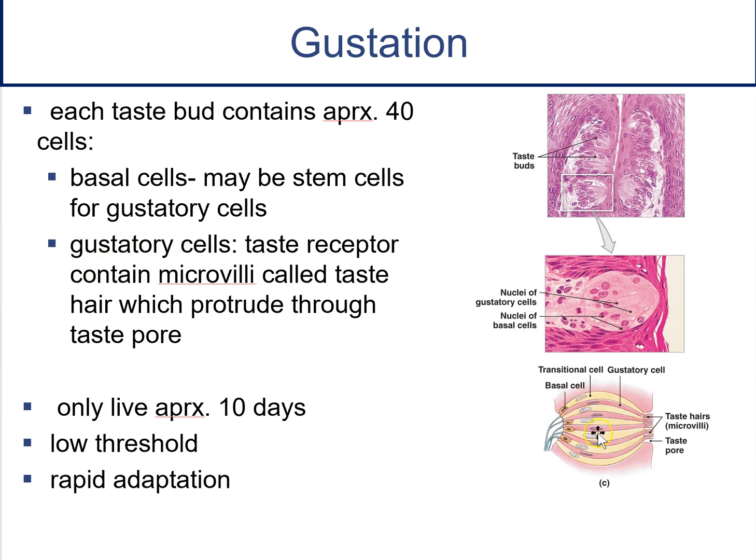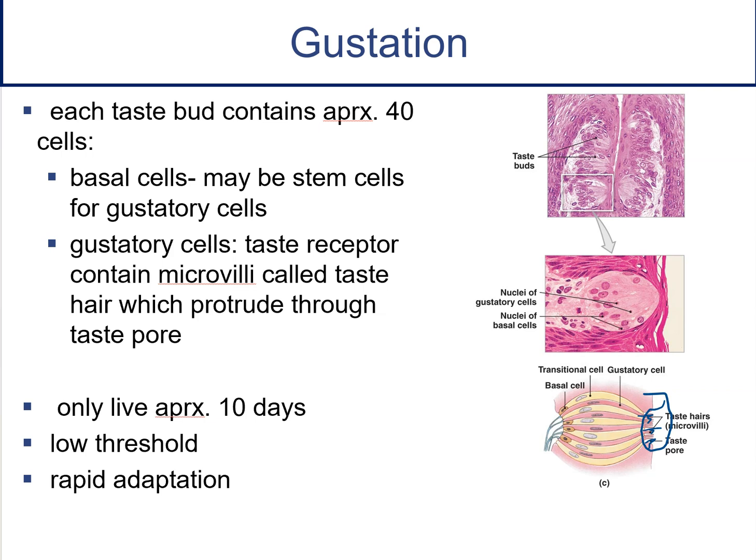The taste cells have a tiny thing called a taste hair, which you can see is a little microvilli that sticks out through this little pore. So you have an opening, which is the pore, and then the taste cells have the little microvilli that stick out, called taste hairs, which basically are the receptors for taste.